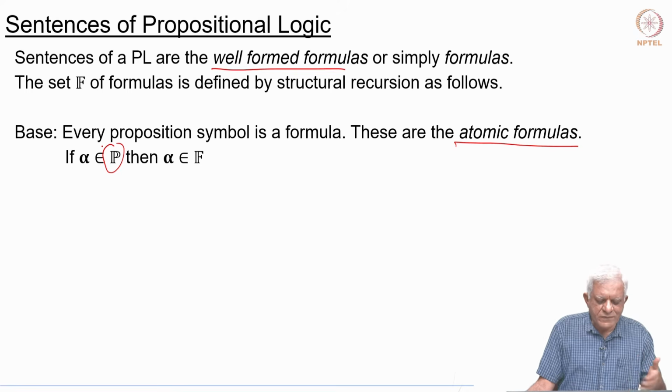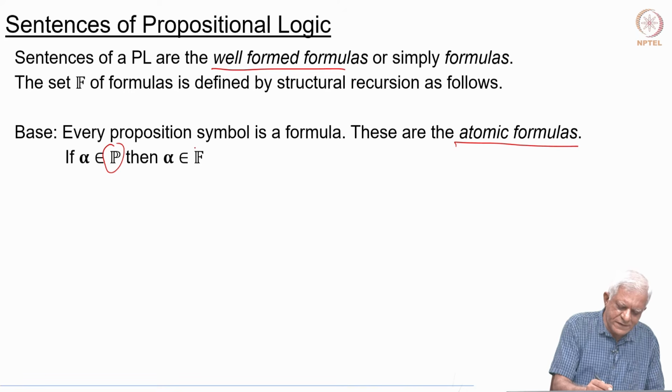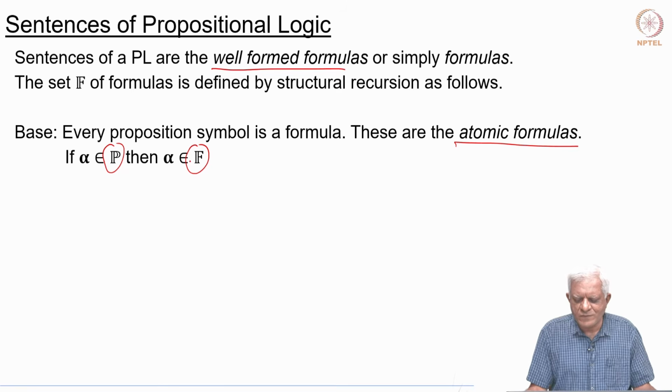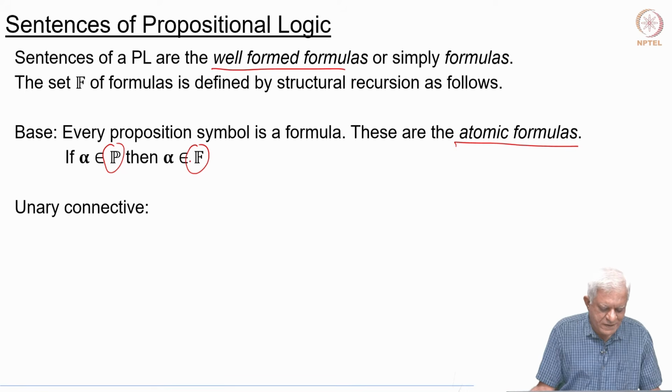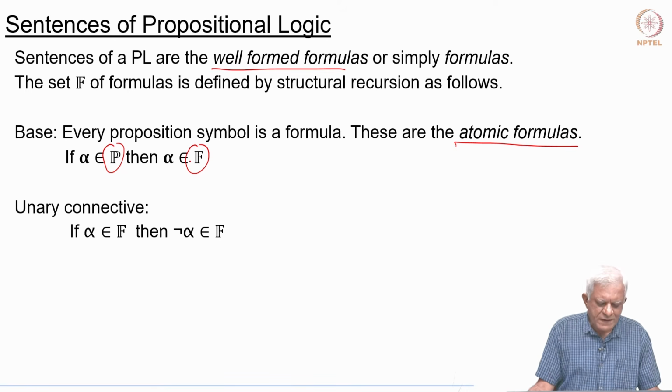So, this kind of rule says that if alpha belongs to this set of symbols that we have chosen, then we can say that alpha is a formula, or it belongs to the set of formulas. So, atomic formulas are also formulas, but there are other formulas which are not atomic, and we already have an idea of what is happening there. You can use a unary connective to construct a formula.